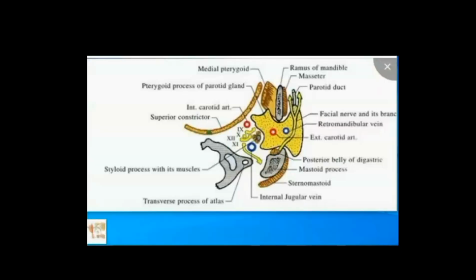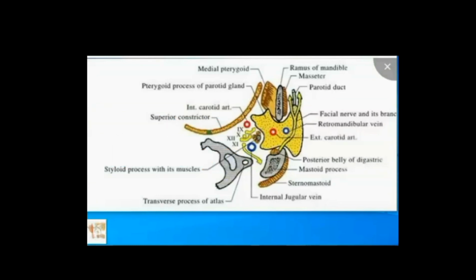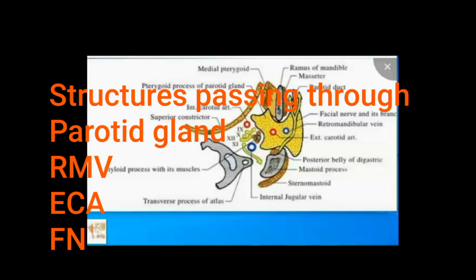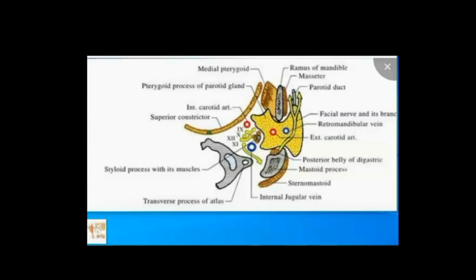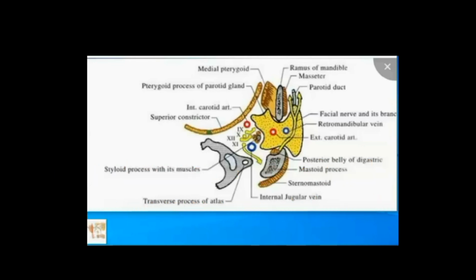If you take a transverse section across the right parotid gland, you can see the medial border invaginating, related to the pharynx, and the structures passing through the parotid gland are 3: retromandibular vein, external carotid artery, and facial nerve. From superficial to deep: facial nerve, retromandibular vein, external carotid artery. From deep to superficial, remember AVN: artery, vein, nerve.